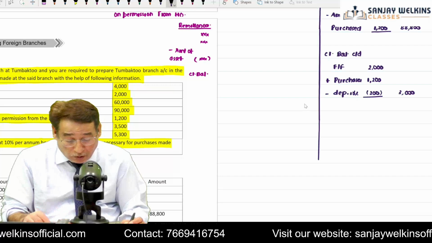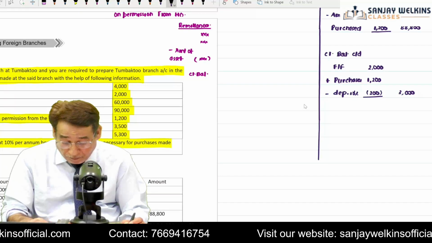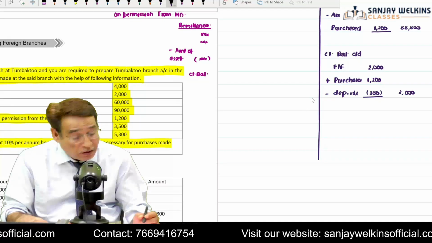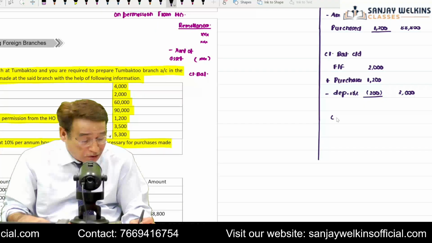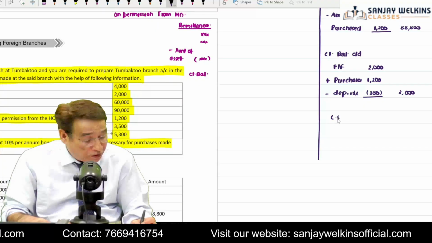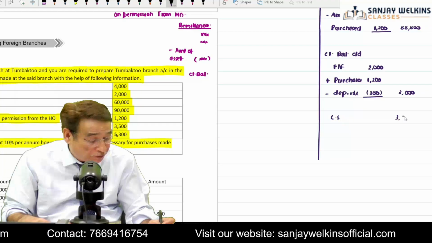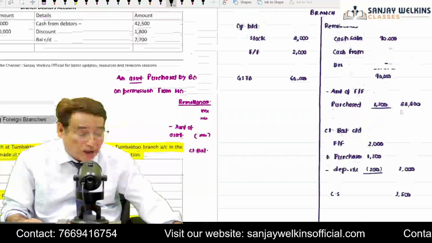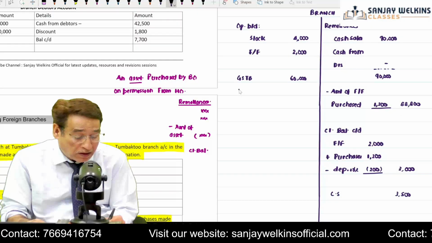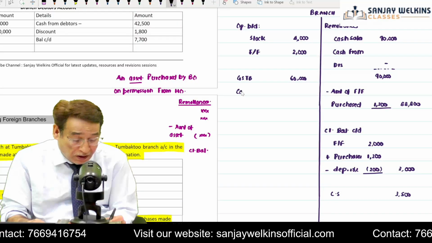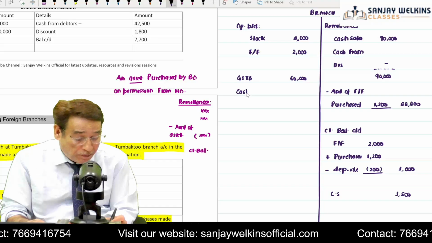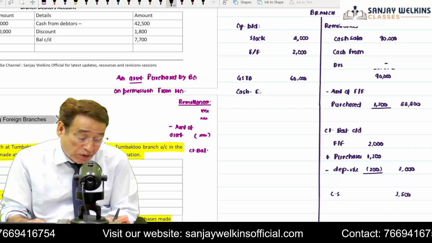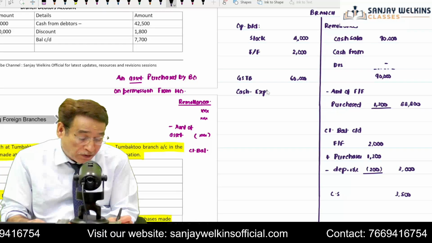Another point in this question is closing stock. Now closing stock is actually 3,500. So you are going to write 3,500 as closing stock. And expenses. Expenses paid by head office means head office must have sent cash to meet the expenses to the extent of 5,300.